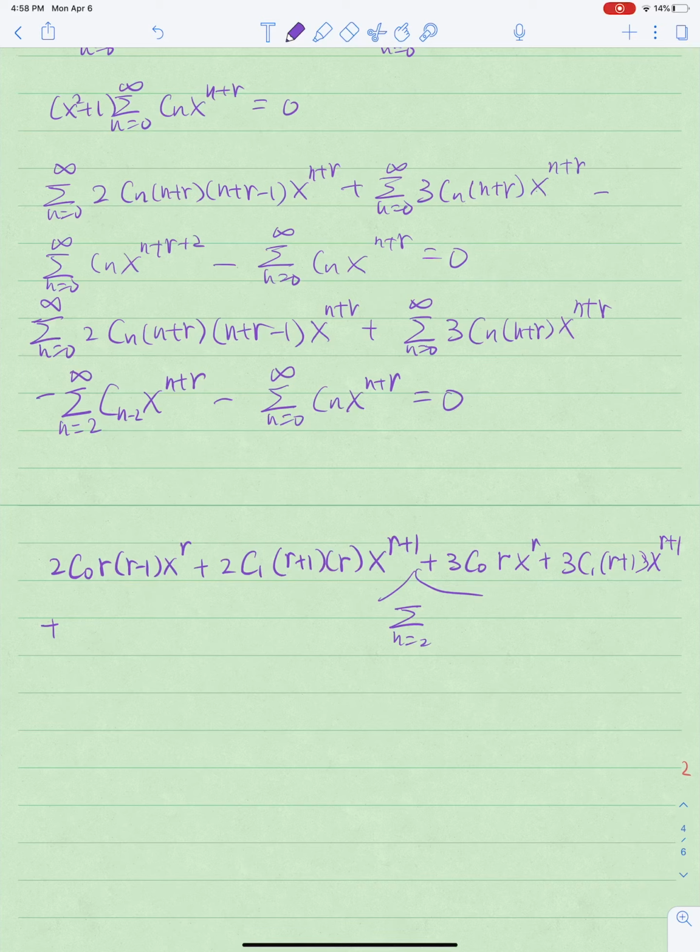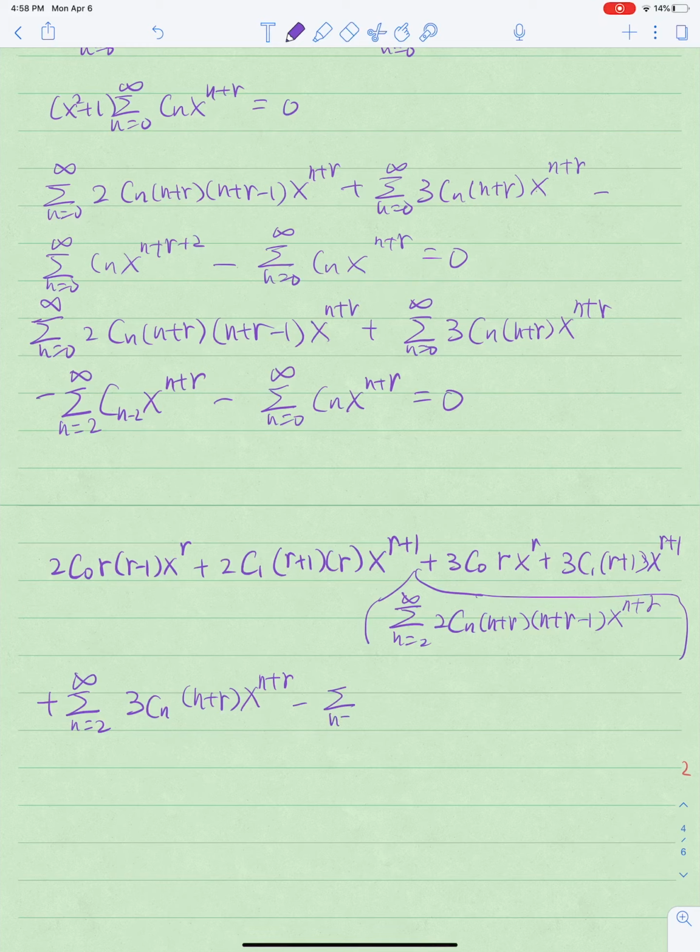This is n from 2 to infinity. And then we have the summation. We do not have to change this index, but we have to change the last one.